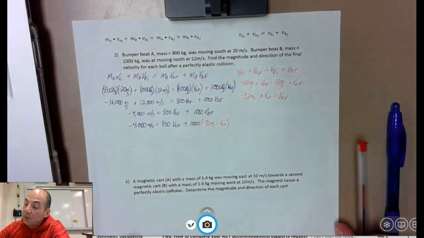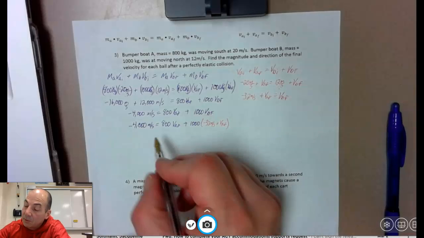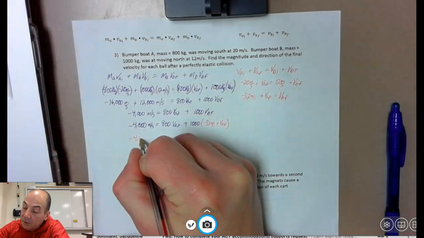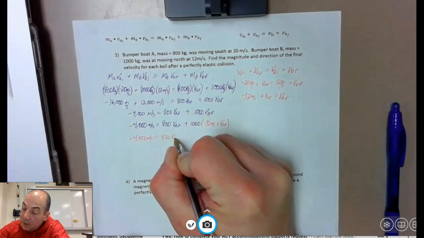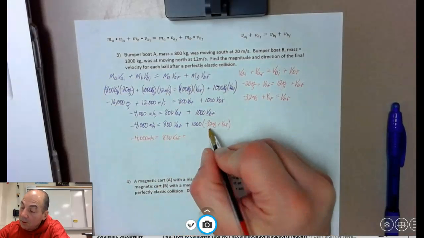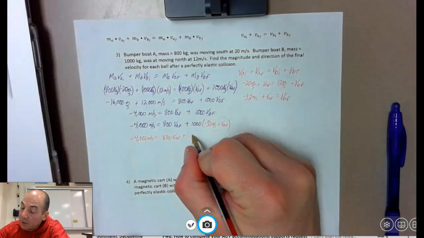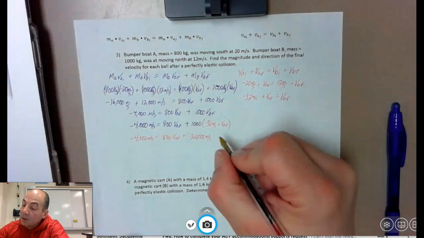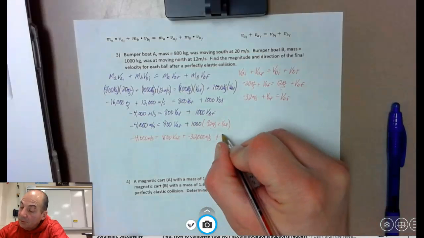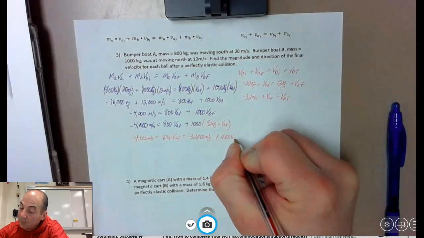Okay, so now I guess I'll just stick with the red. We'll go from there. So we have negative 4,000 equals 800 VAF plus 1,000 times negative 32 is negative 32,000. And 1,000 times VAF is 1,000 VAF.